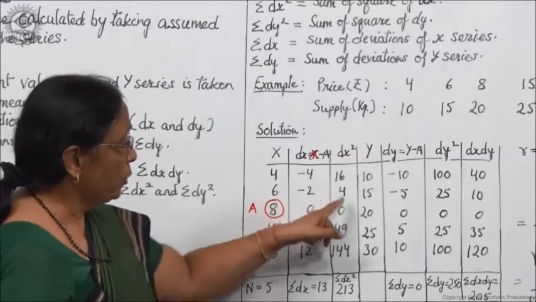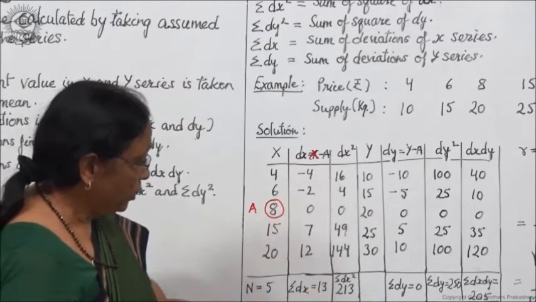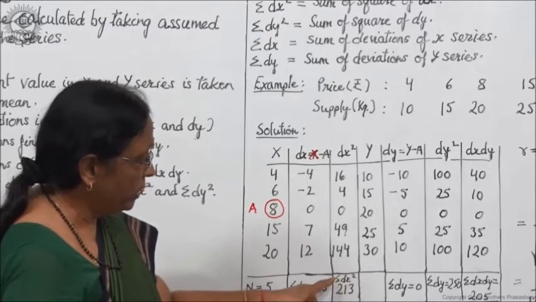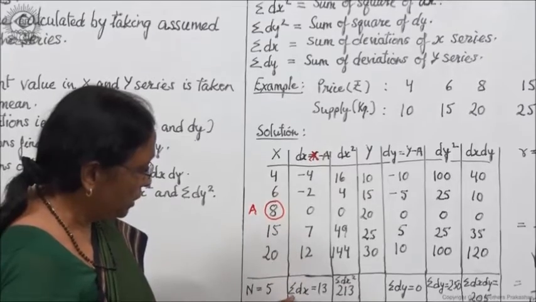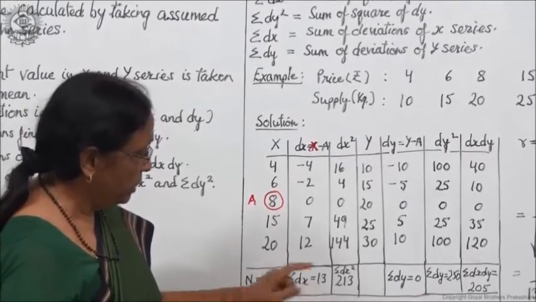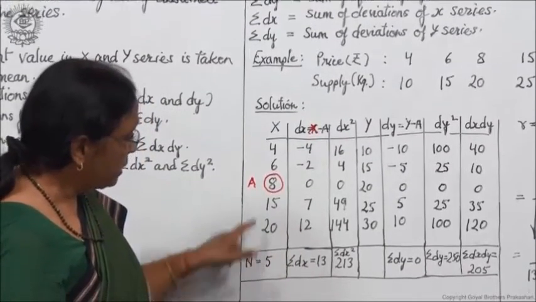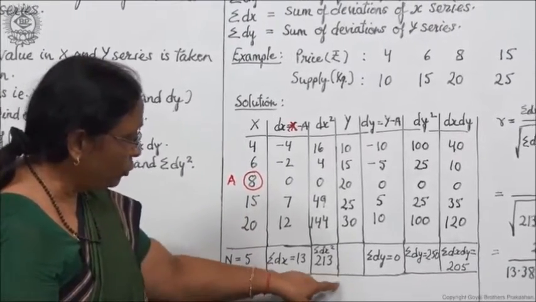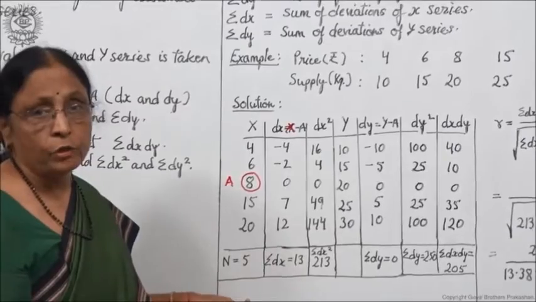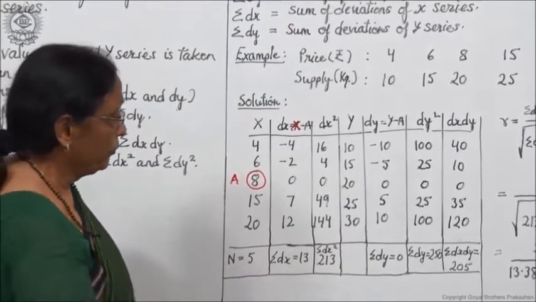Individual values are squared and the total is 213, that is sigma dx square, and the total of dx is sigma dx, that is 13, and n is the number of items. We are calculating these values because they are needed when applying the formula.